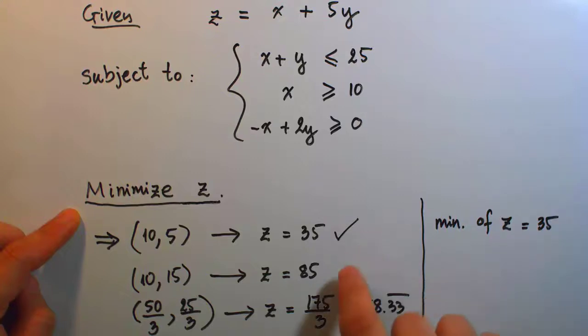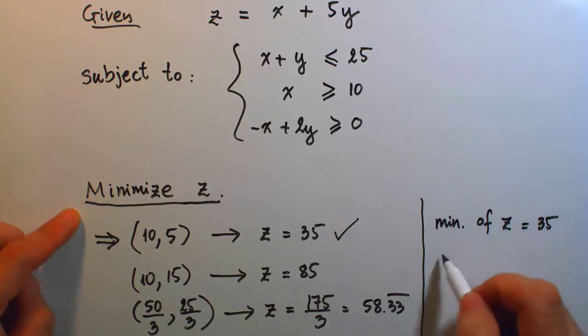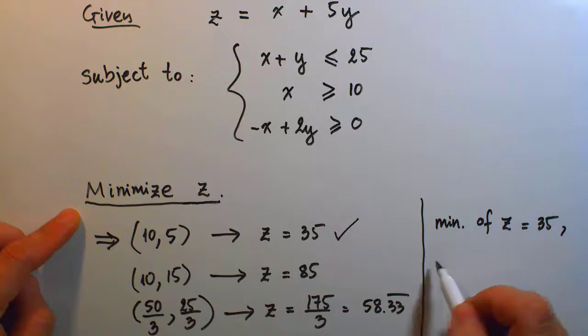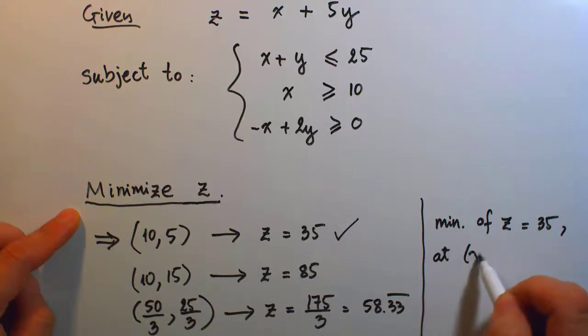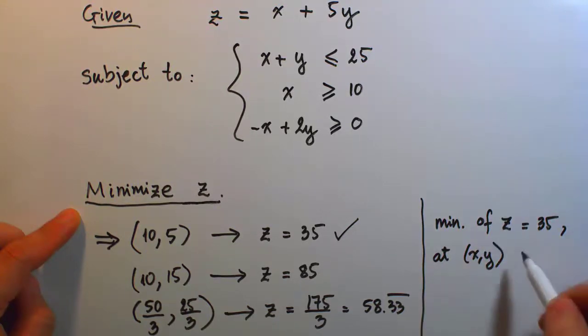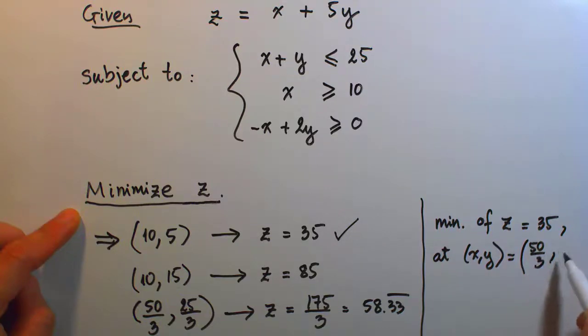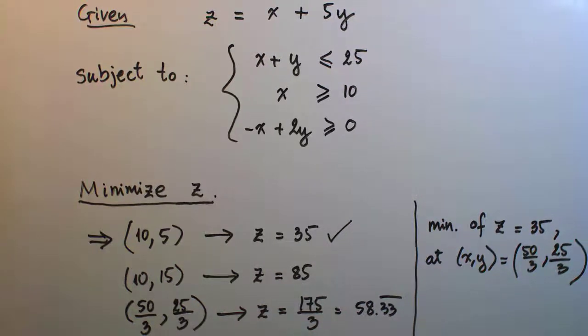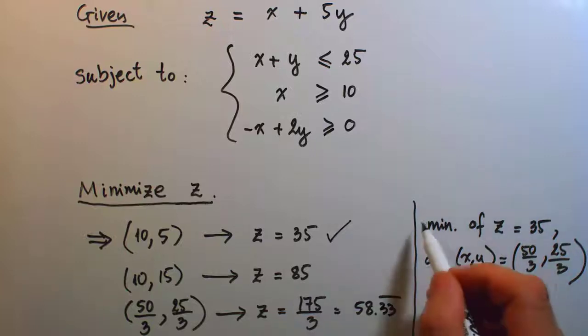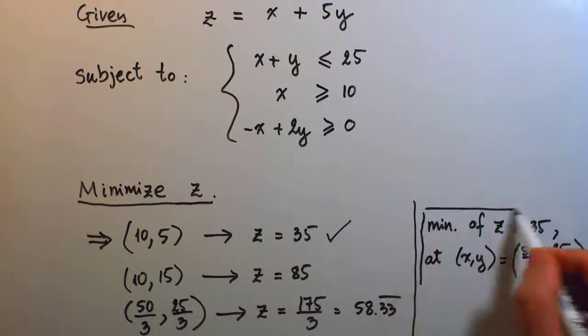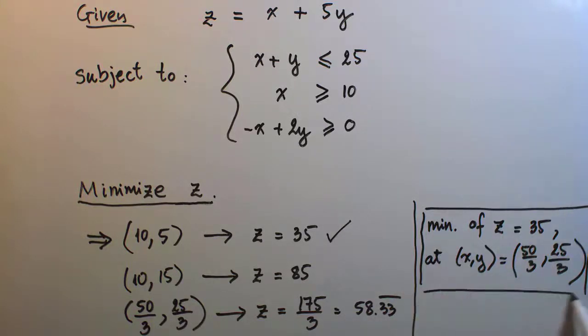That's the lowest among these three output values, and it happens at x comma y as the pair of values equal to 10 comma 5. And that is our solution to this question.